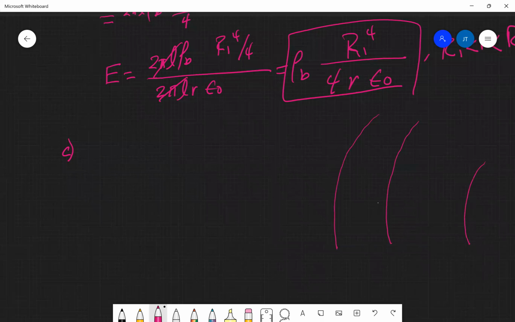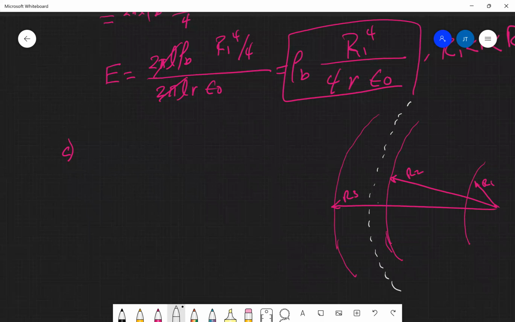This is a cross section of the cylinders of the coax. So here's R1, here's R2, here's R3. And now I choose my Gaussian surface inside the shell because part C is r between R2 and R3. So this is little r.